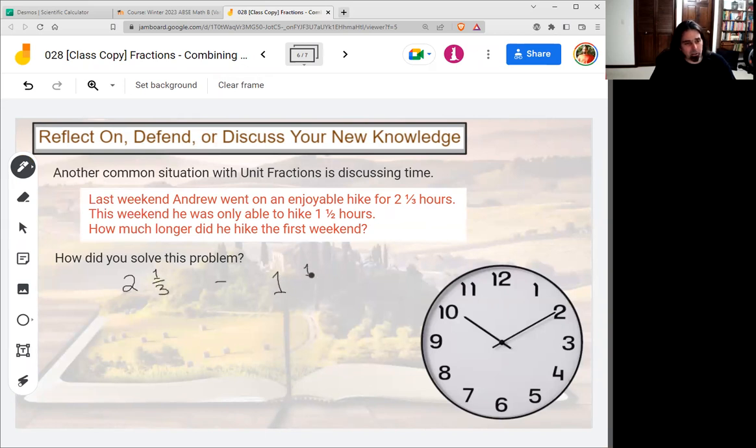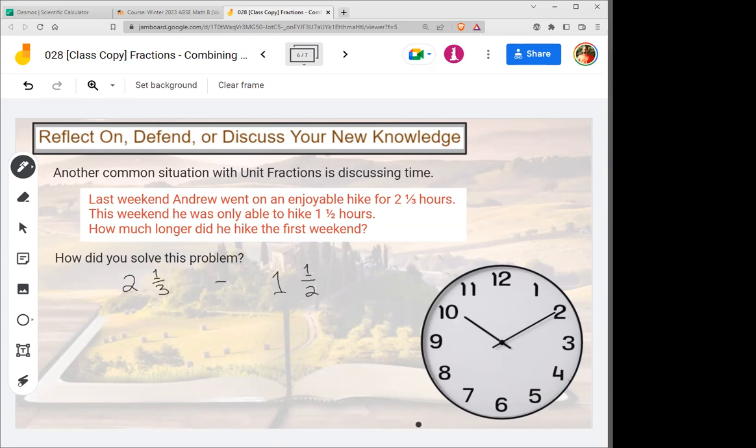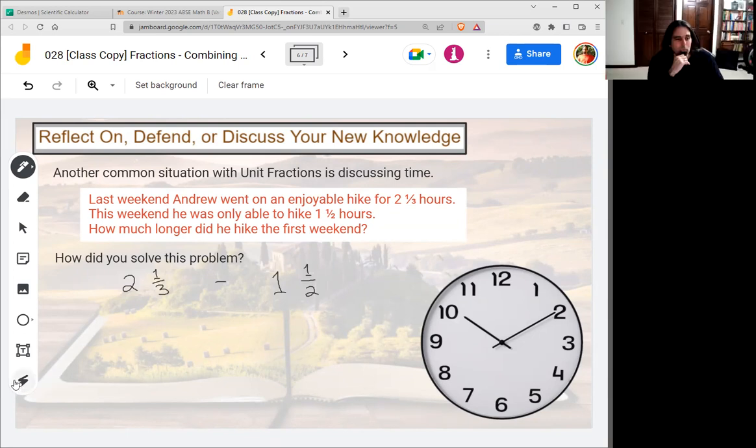That's a pretty tricky amount of fraction math because we have these mixed numbers and the thirds and the halves don't match. Let's use the fact that it's a clock to help us. So we would do like 2 12s.